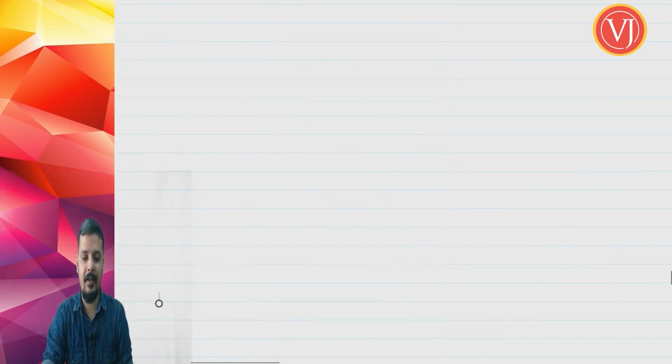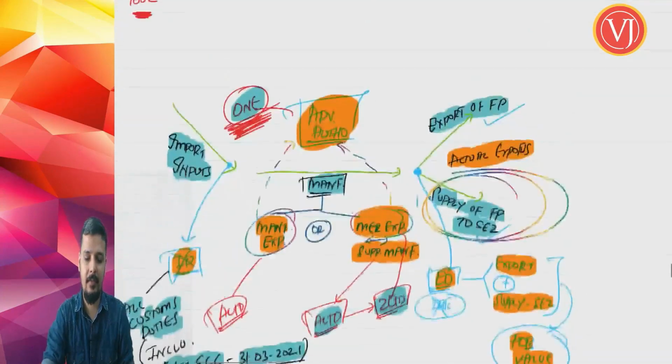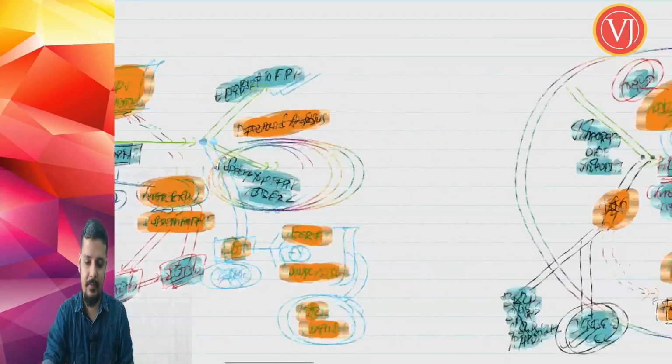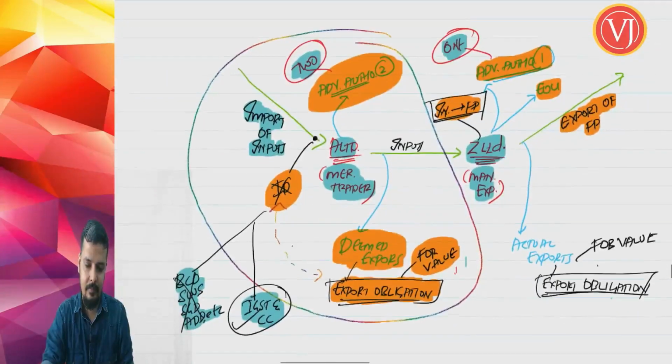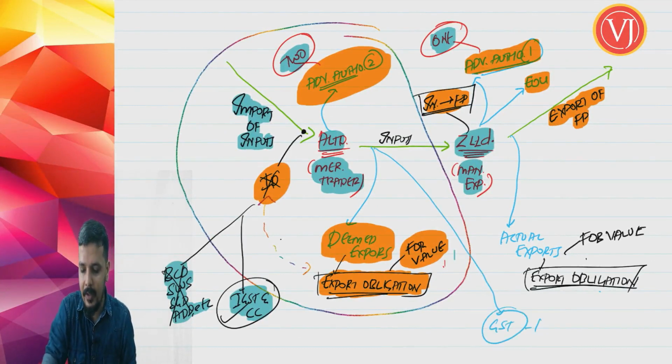So I should have taken here, when it is deemed exports, one more difference is there. One special point that I have to write: deemed exports, only one point was left out. Deemed exports, GST will be there, which can be asked as refund either by A Limited or Z Limited.